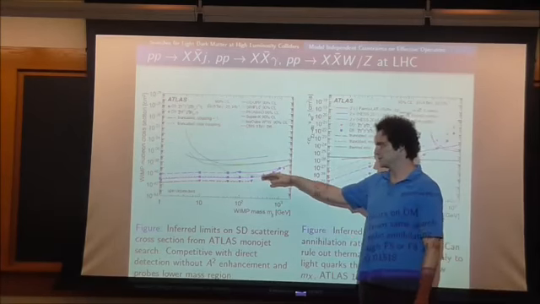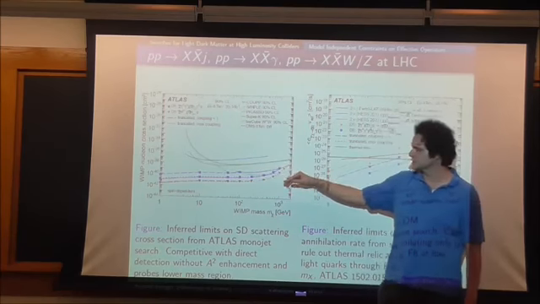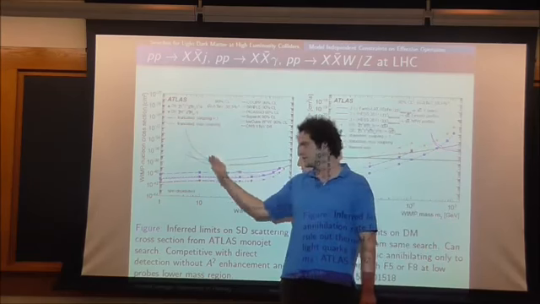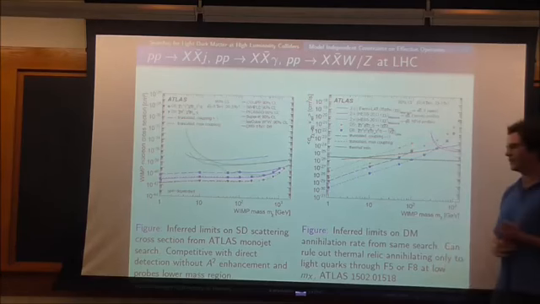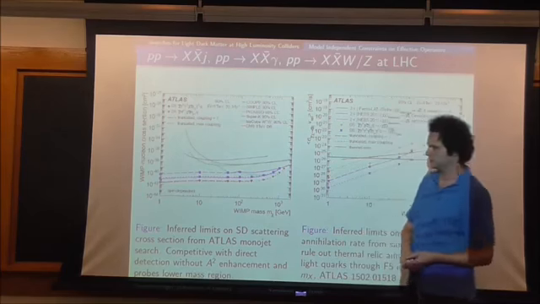And so for monojet searches, you can see that you probe a lower cross-section range. And also, you're not limited by the threshold of direct detection, so you can push this mass range down a bit. And so if dark matter is living somewhere near this threshold, it's helpful to have these collider searches.